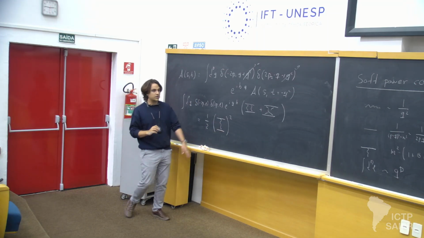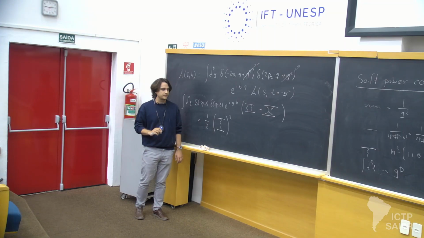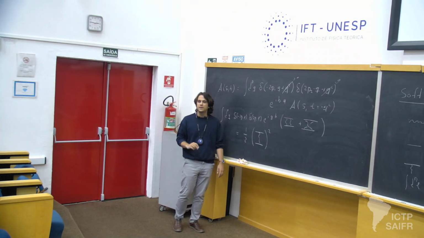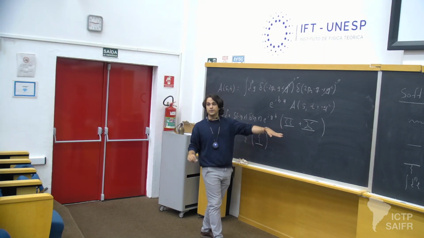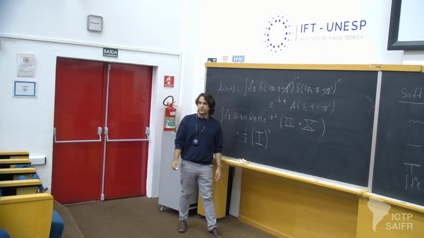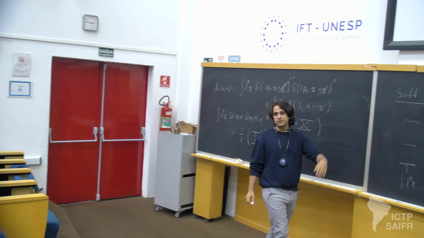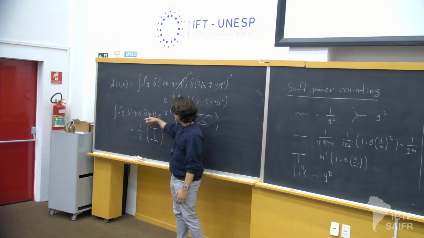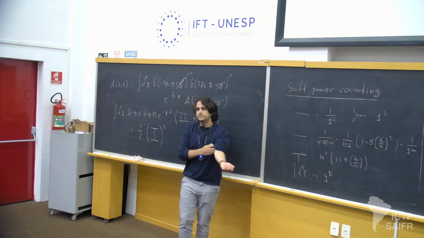Okay? Because a convolution, if you do the Fourier transform, just becomes a product. This becomes a product because it's the Fourier transform of a convolution. So there's this basic property of Fourier transforms, which is that in momentum space it is a convolution, while in position space, in impact parameter space, it becomes a regular product.